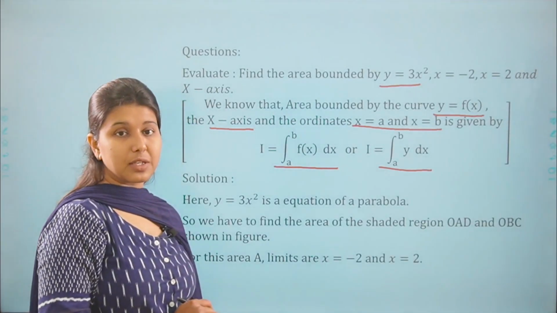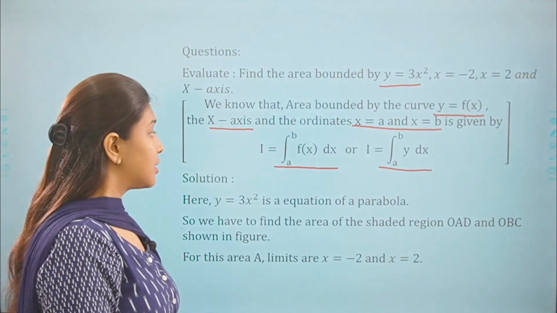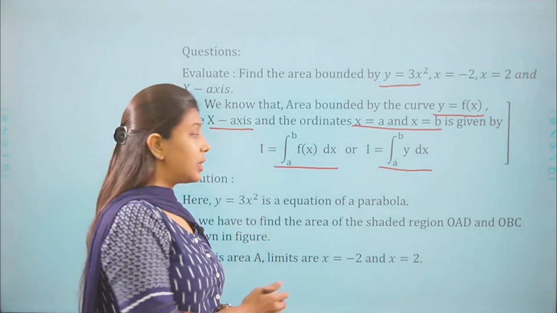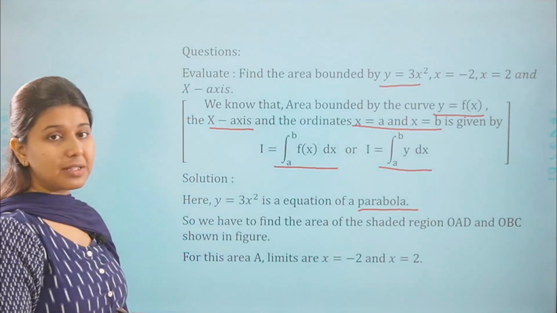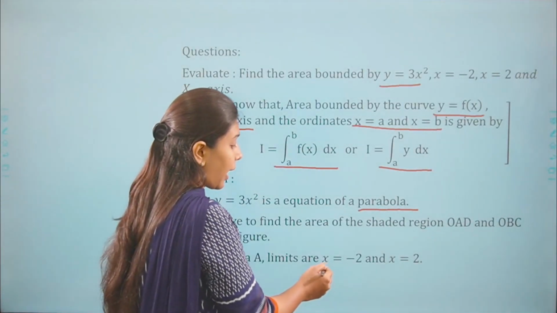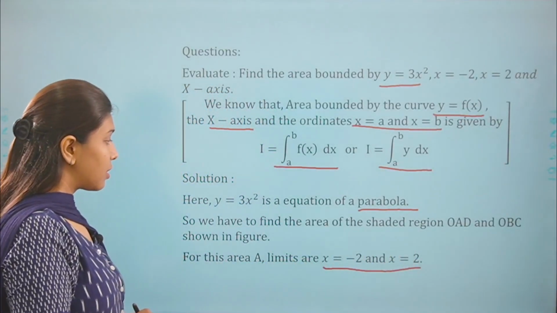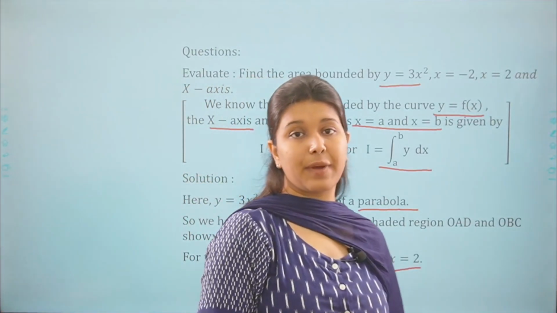Here y is equals to 3x square, that means your function f of x is equals to 3x square, is the equation of parabola, and the limits of x, that is minus 2 and 2, are already given in your question. Now how to find the area of this parabola?